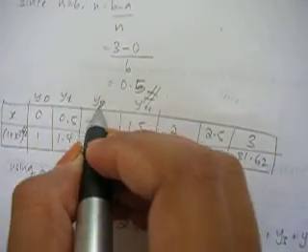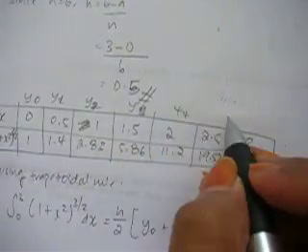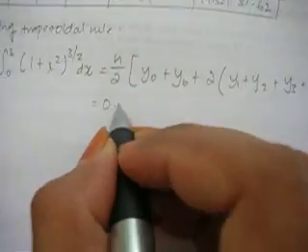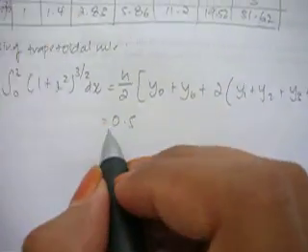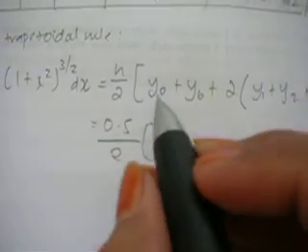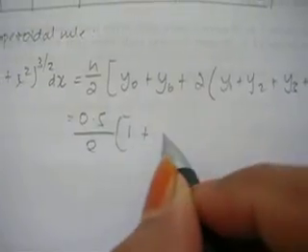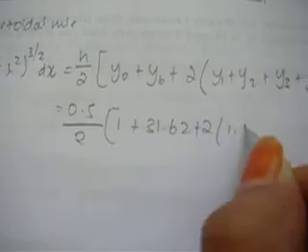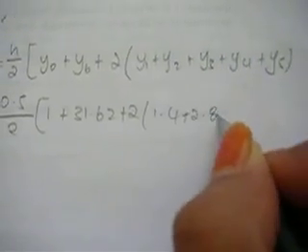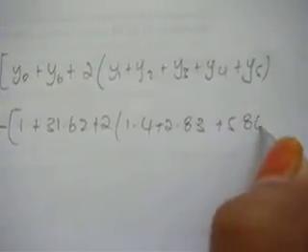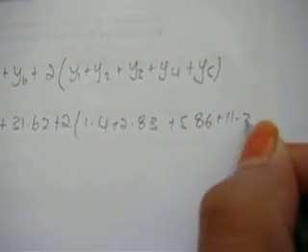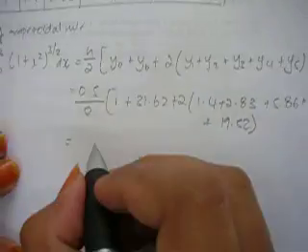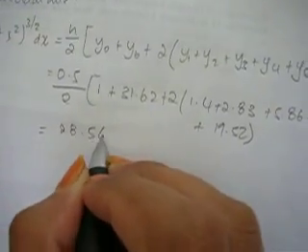This is y0, 1, 2, 3, 4, 5, y6. Since h is given as 0.5, we substitute in the values: 1.4 plus 2.83 plus 5.86 plus 11.2 plus 19.52. After calculation, we get 28.56.